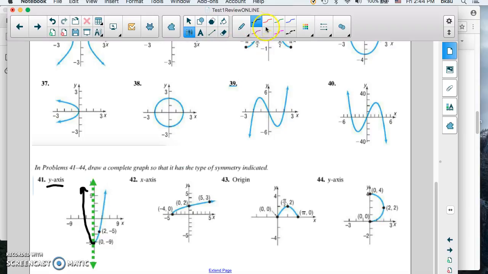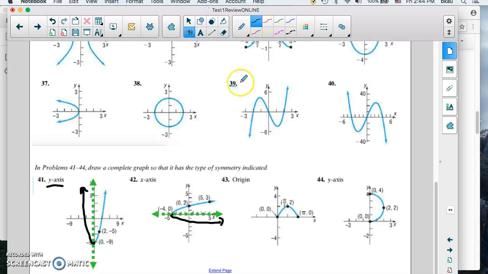X-axis symmetry looks very similar, but we're going to fold along the x-axis. So on this one, we're going to fold along this line here, and it's going to go this way. All of the x values stay the same, but the y values change to the opposite. So this would be 5, negative 3 down here. On the y-axis one back here, the x values change, so this is going to be negative 2, negative 5 over here.